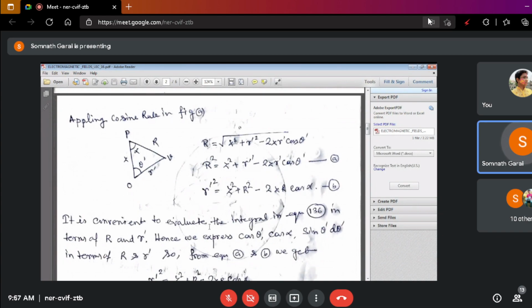Can anyone tell me the cosine rule? This is studied in class 9 or 10. Okay, I'm explaining this.